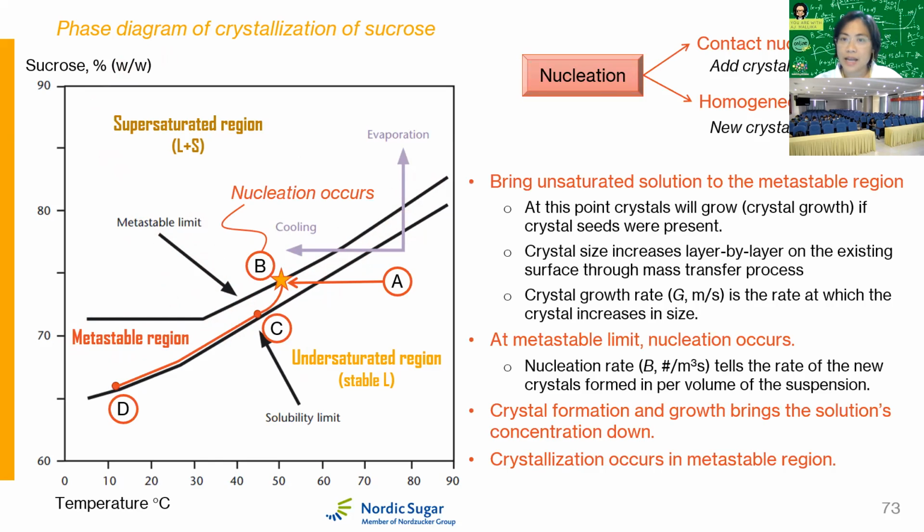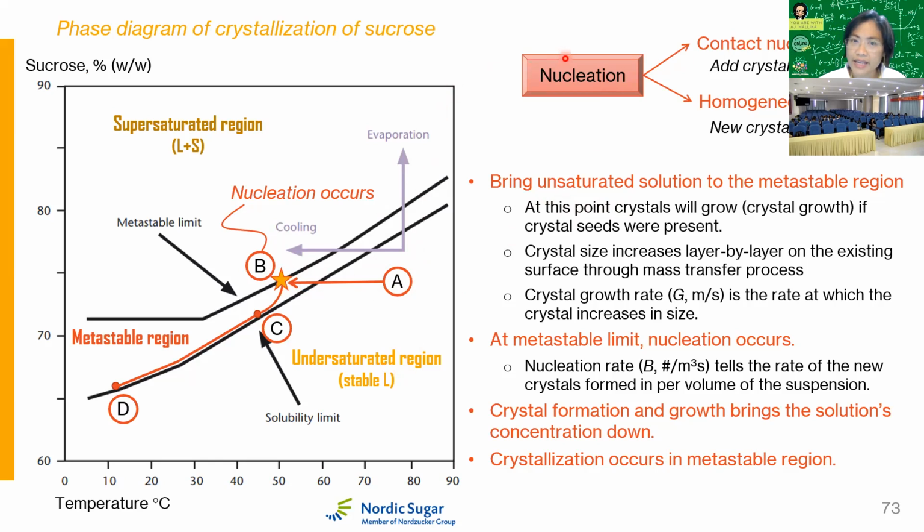So in order to form the crystal, you bring the saturated solution into the metastable region, either by evaporation or cooling, it doesn't matter. Once it reaches the metastable limit, spontaneous nucleation will occur. That means a small crystal will form by itself.